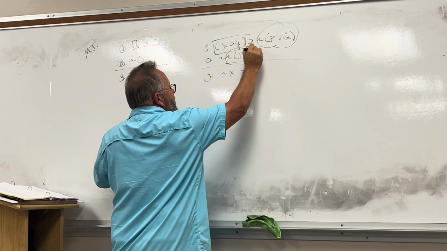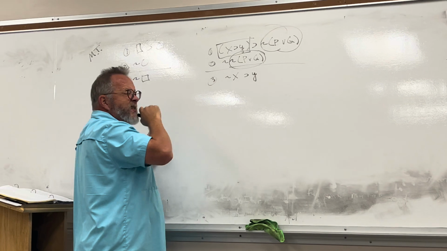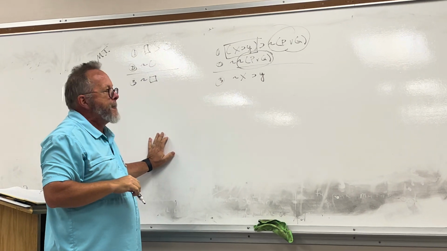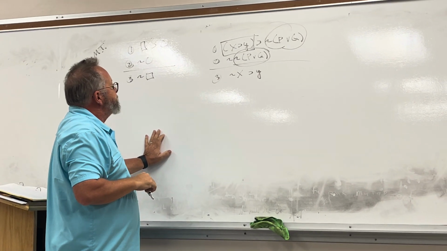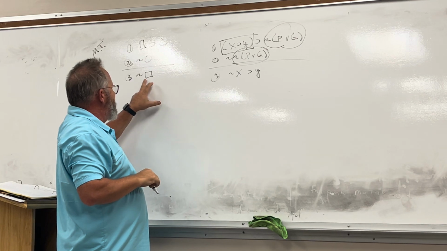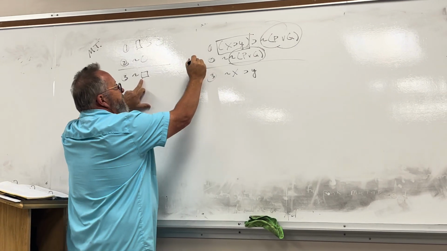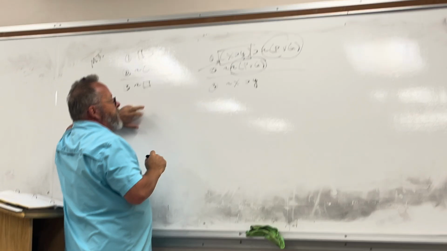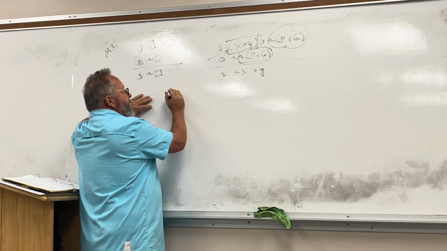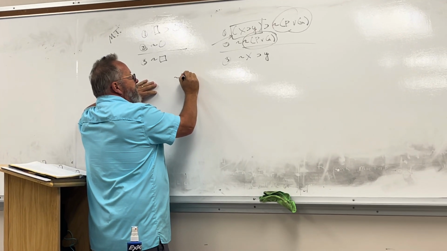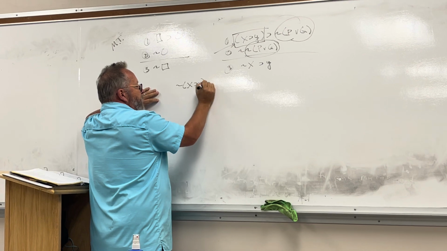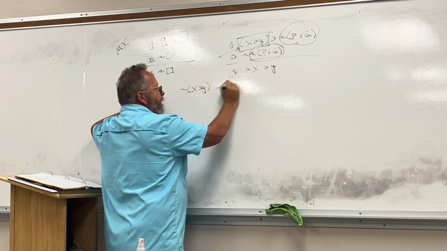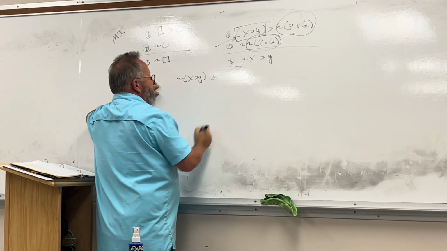Put a circle around it, and that means there's a negation outside, okay? Now we're looking for a not box, so we need a not one of those, and that would be what? Not X then Y, okay? What we have is not X then Y.